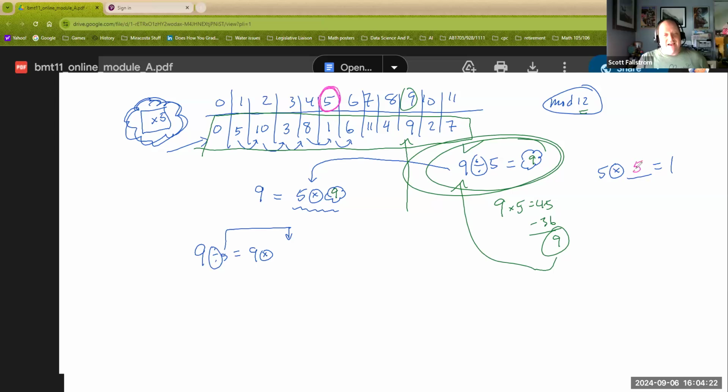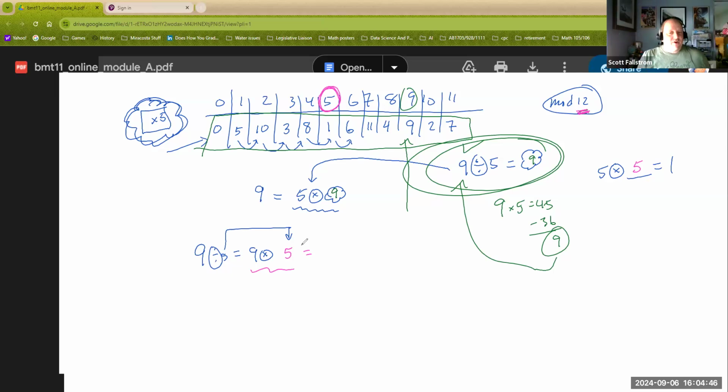So my reciprocal is actually the number 5. Now in a 12 clock, it's really cool. The number 5 is actually its own reciprocal. That's kind of nice. So you end up with 9 times 5. So there you go. So 9 divided by 5 turns out to be exactly the same as 9 times 5, which again you can do as your choice.